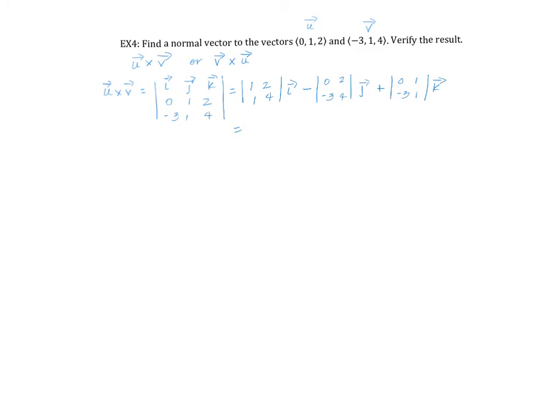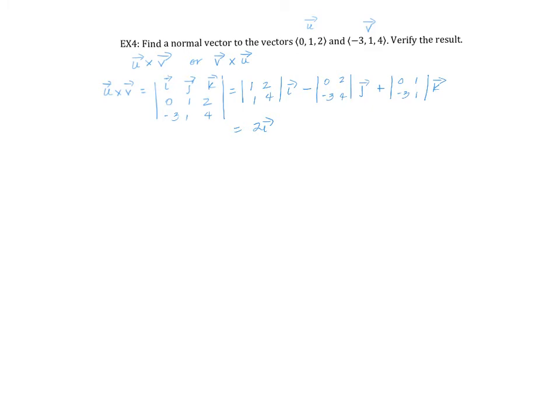So this is going to give me 4 minus 2 is 2. So this would give me a 2i minus, so this is going to be 0 minus a negative 6, which would be a 0 plus 6.